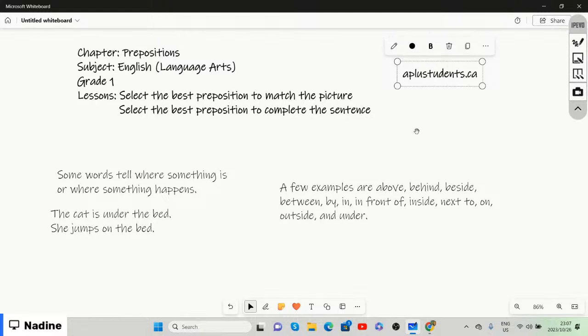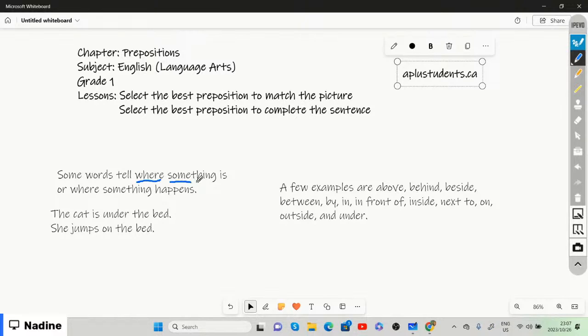All right, so some words tell us either where something is or where something happens, right? Even now, if you look at the position in which you are sitting, if you're sitting in front of a laptop or a computer, then you are sitting in front of it.